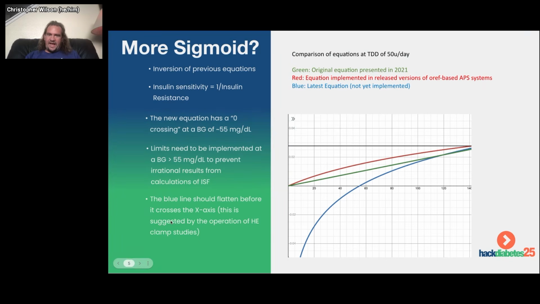And so if you flatten it out there, because that's how hyperinsulinemic clamp works, is that there is a limit to how low you can push glucose output from the liver, and any extra insulin beyond that is only having peripheral effects. So that's sort of what we would expect based on what we see in the operation of things like HE clamps. So that's at least the logic behind that portion of the change. Next slide.